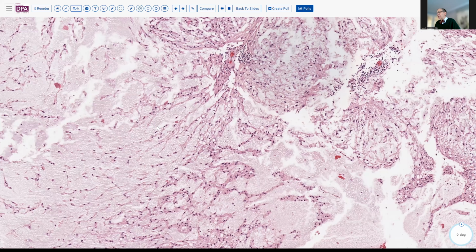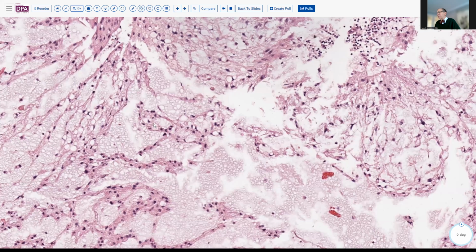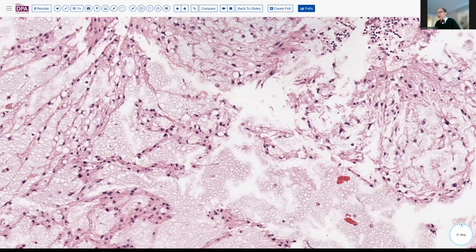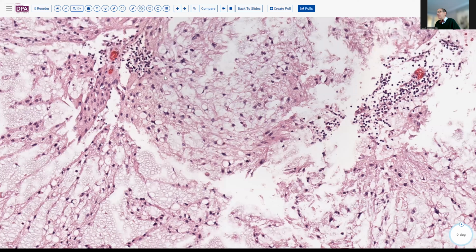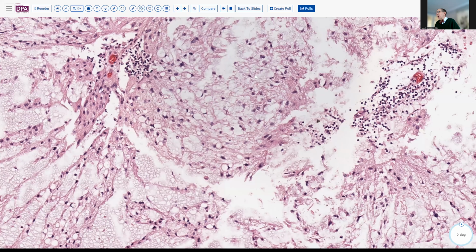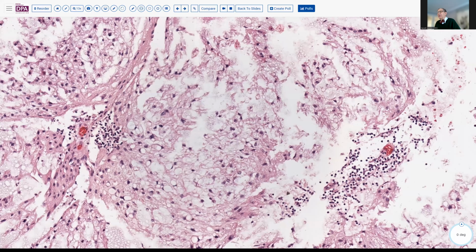And as you've probably surmised here, the diagnosis is that of a chordoma. You can see that we have these cords of cells that are linked to one another in general, and many of them have a sort of bubbly or physaliferous cytoplasm, soap-like cytoplasm, as it's called, with these cystic, multilocular spaces within the cytoplasm of many of these cells.